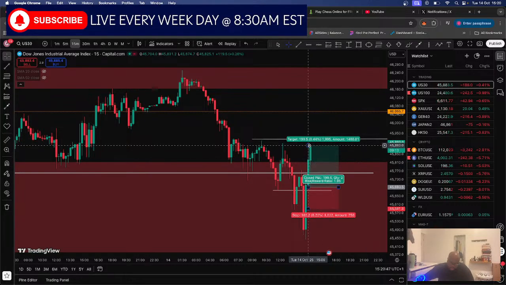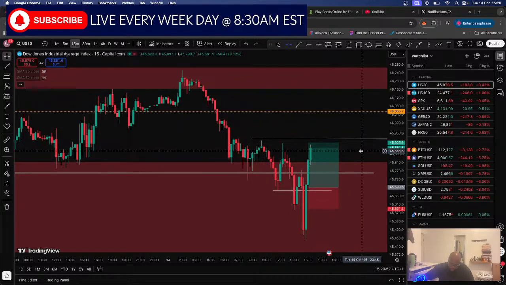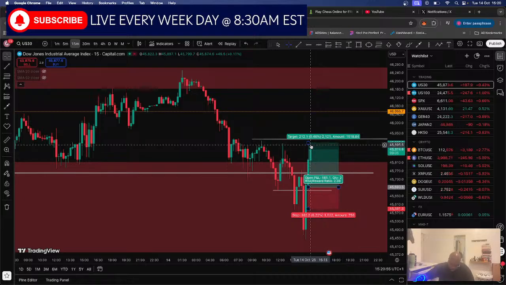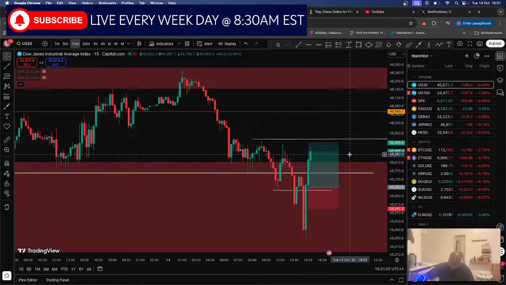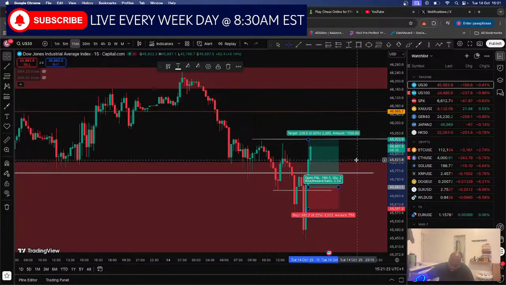So this hasn't actually hit on my phone. I think on my phone I've got slightly higher take profit, so it's not quite there. I think we should just call it this area here. I think that's as similar as it's going to be.